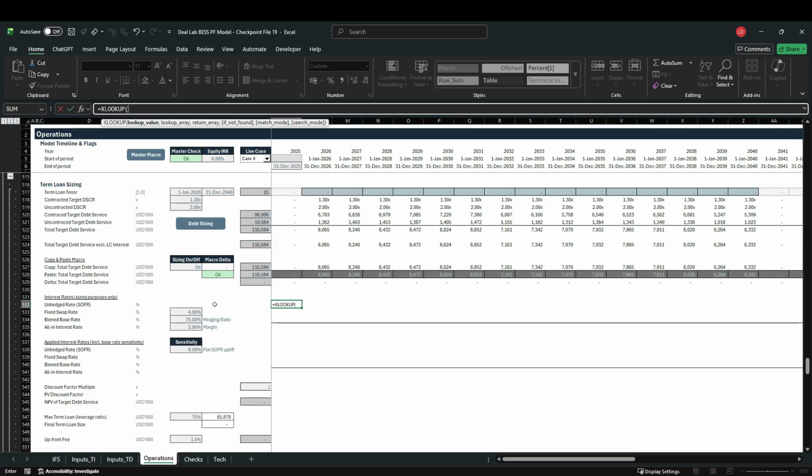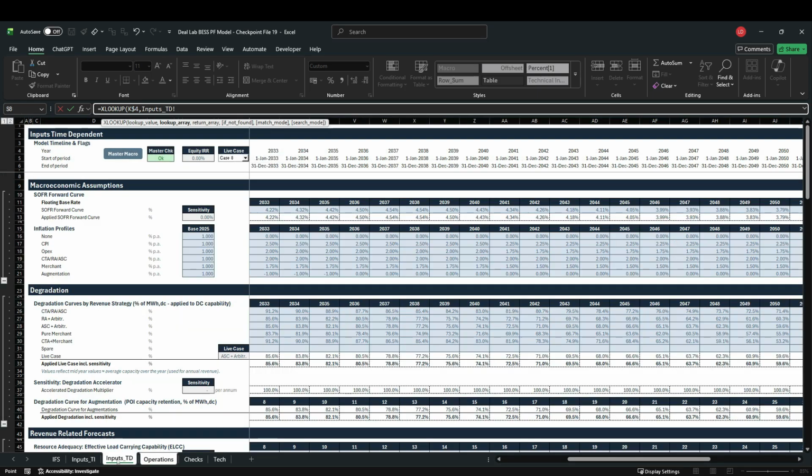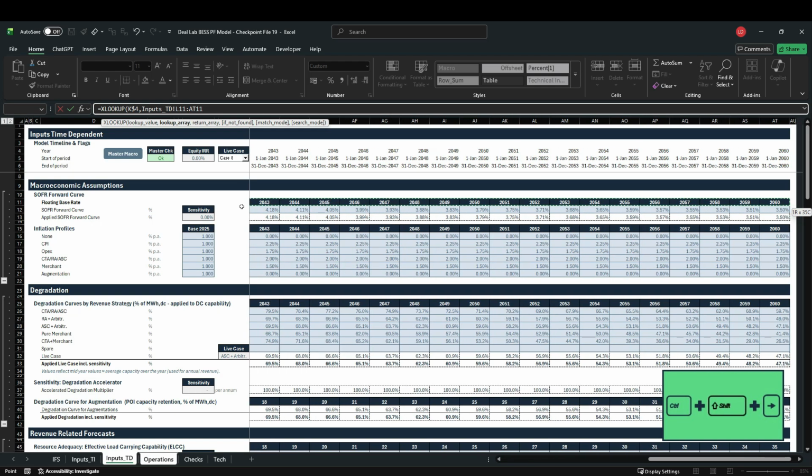So type XLOOKUP. Our lookup value is going to be the calendar year. So select K4, hit F4 1, 2 times, comma, our lookup array is in our inputs time dependent sheet. And the SOFR curve is our first macroeconomic assumption. So let's select row 11 from column L up to AT, hit F4 once to fully anchor this, comma, and for this lookup we will select row 12.